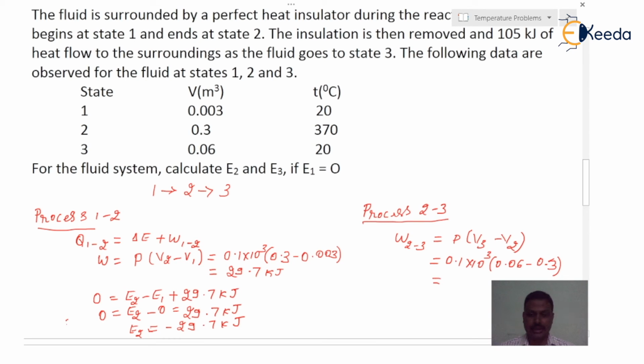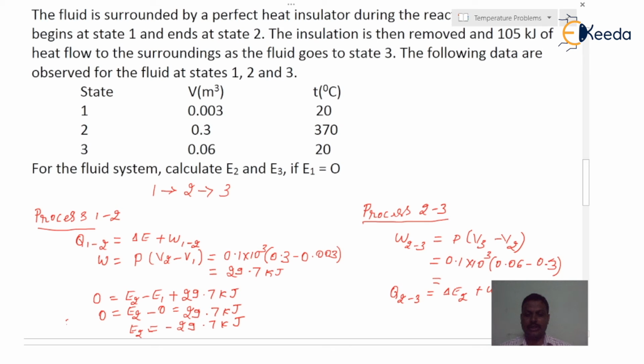Let us directly substitute this into the equation. For process 2 to 3, the heat transfer Q2 to 3 equals delta E plus W2 to 3.